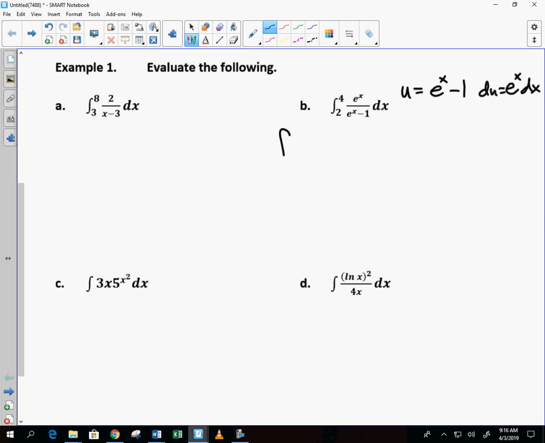Therefore, we have the integral of 1 over u du. What is the antiderivative of 1 over u? So I get the natural log of, what is u? e to the x minus 1. And I'm going to evaluate that at what? 4 and 2.